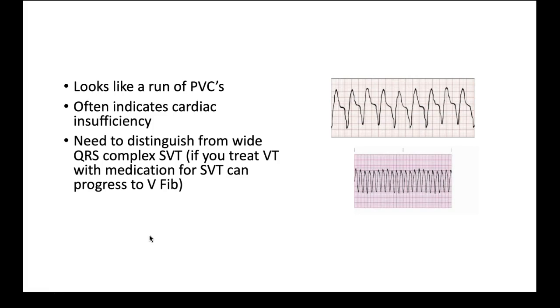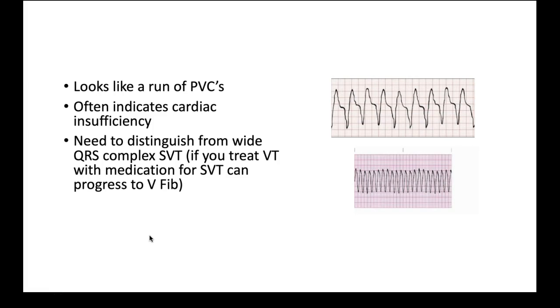Because if this is a ventricular tachycardia and you treat it with medications for SVT, you can progress this patient into VFib. So the pearl I have for you here, if it is a wide complex tachycardia and you don't know what it is, treat it with amiodarone because it will treat both, okay?